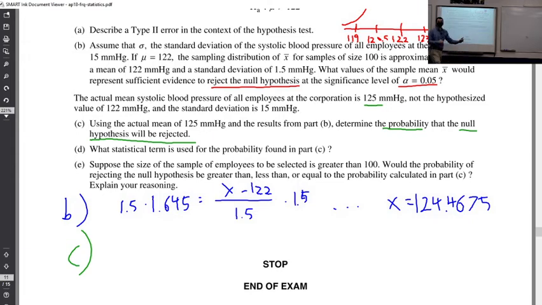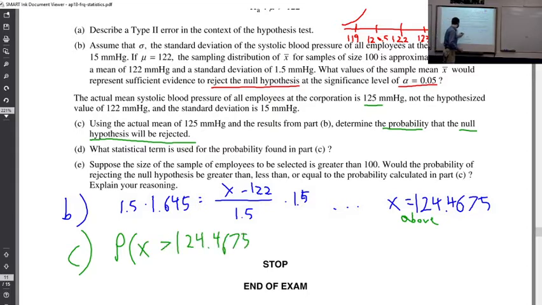Well, we just said the null hypothesis is going to get rejected when I get above this value. So I want the probability that x is greater than 124.4675, given that the mean is actually 125.